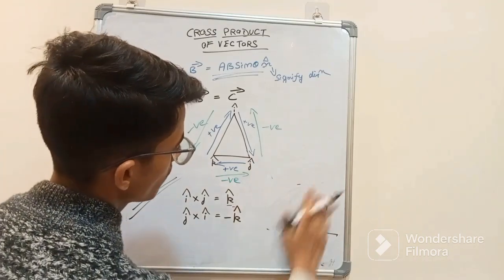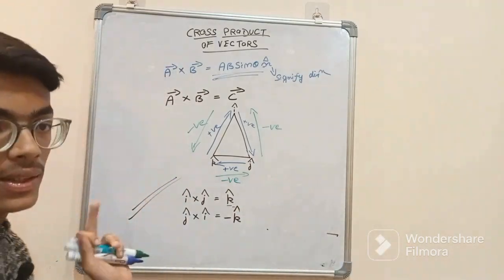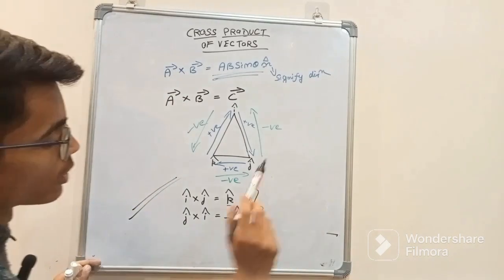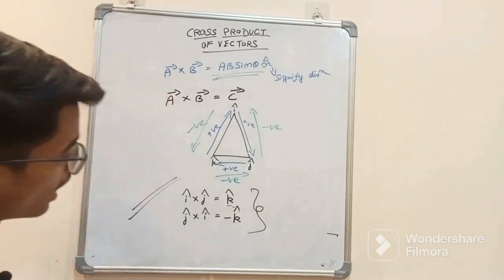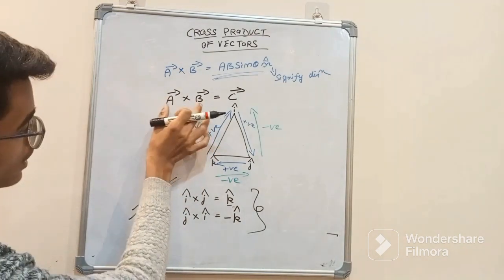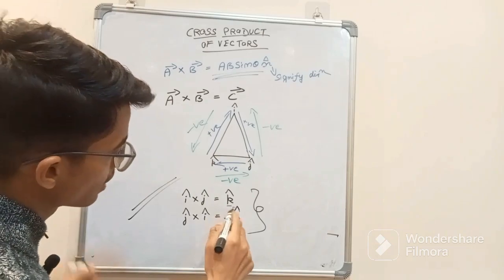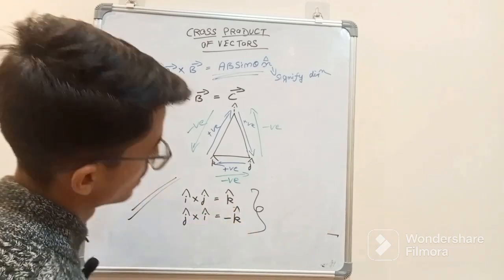But क्रॉस प्रोडक्ट में ऐसा नहीं होता है. There is a very big difference between dot product and cross product. दो वेक्टर्स का क्रॉस एक तीसरा वेक्टर देता है and that is also sign sensitive.